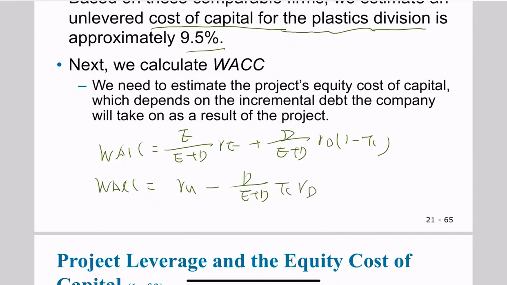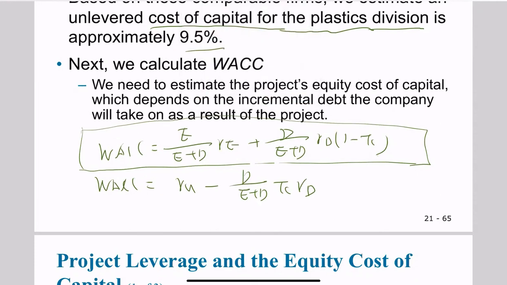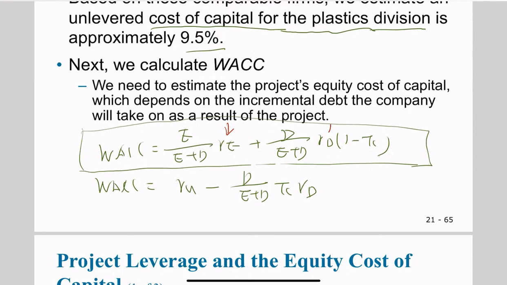So let's say we go with the first formula. So what you can see here is basically you want to find this RE, and you will need RD and these leverage ratios.